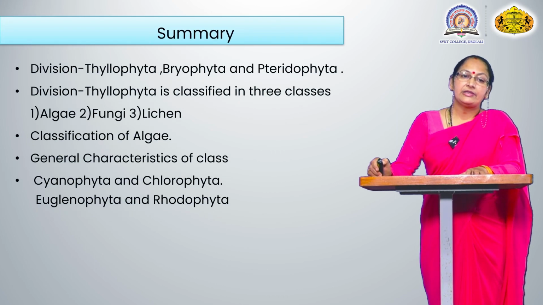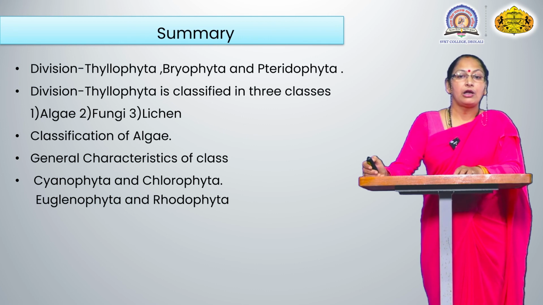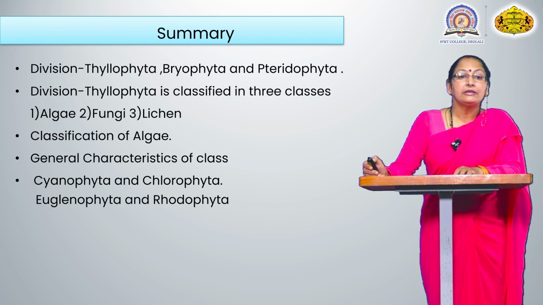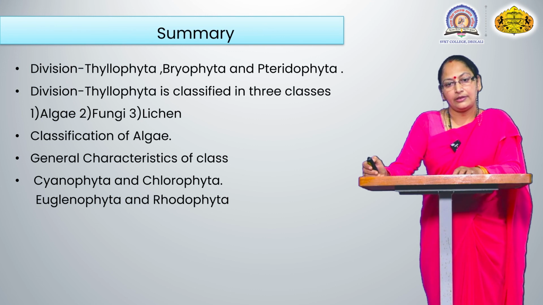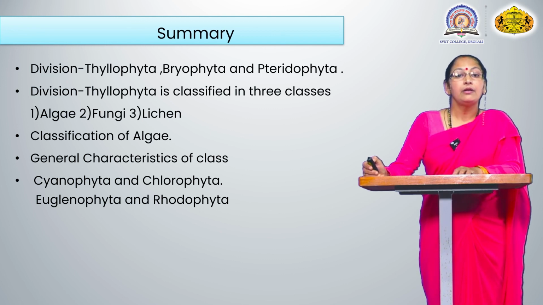In summary of today's lecture, first we saw the divisions one by one: Thallophyta, Bryophyta and Pteridophyta. Thallophyta is divided into three classes: algae, fungi and lichen. Then we saw the classification by G.M. Smith, 1955, in our TYBSc paper one syllabus, Cryptogamic Botany.